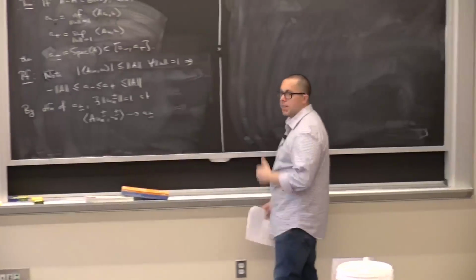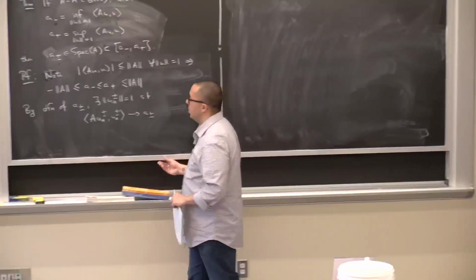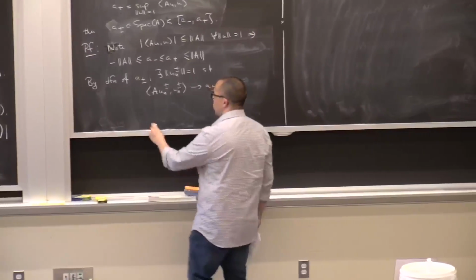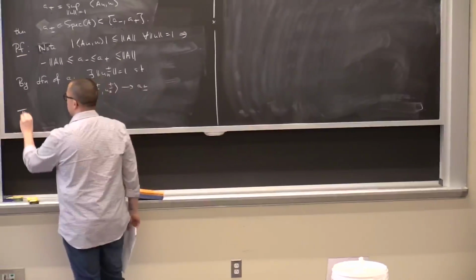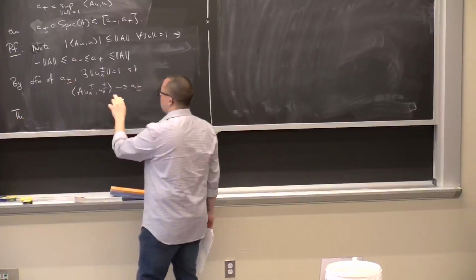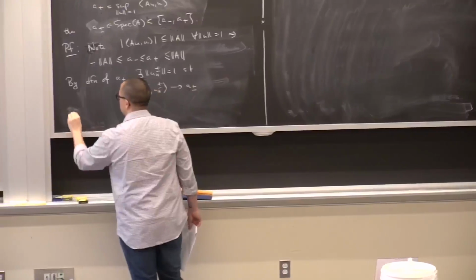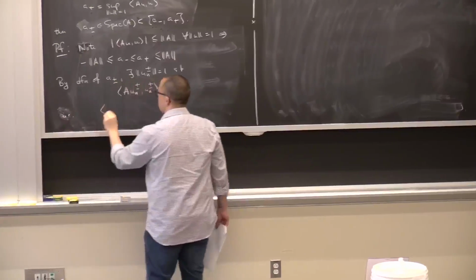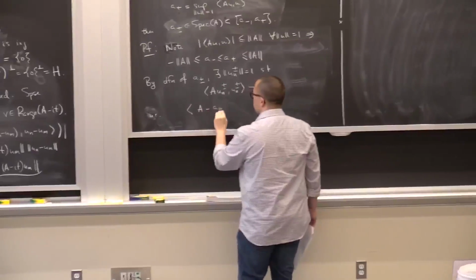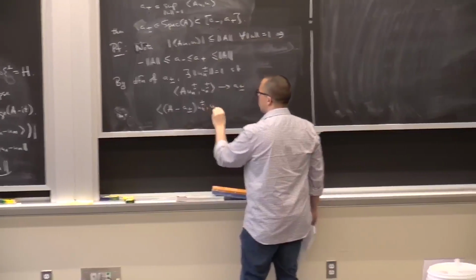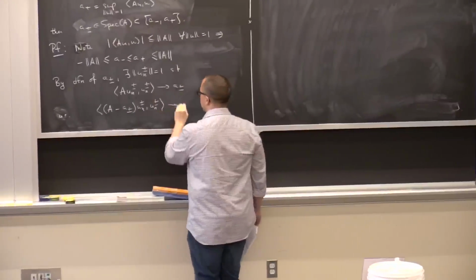Okay? Now, by the argument we just gave, with A plus or minus being the norm of A, but now we have this property, i.e. ⟨(A minus A plus or minus) u_n, u_n⟩ converges to 0.